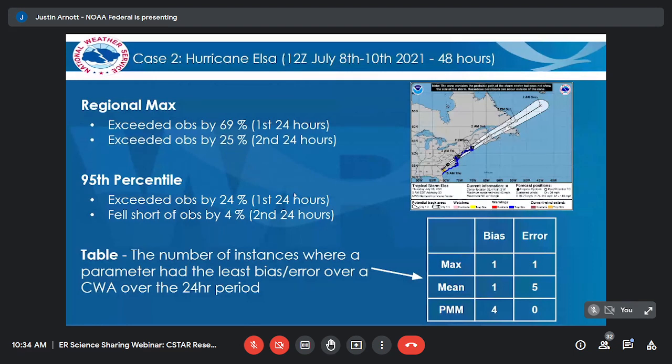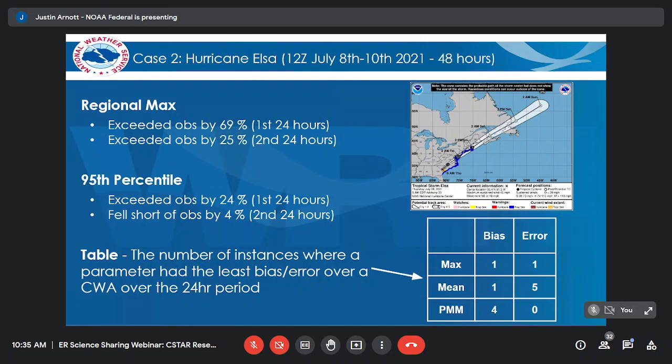In terms of summary results, the regional max, and when we talk about region, this is FEMA Region 1, which covers almost the entire Northeast.